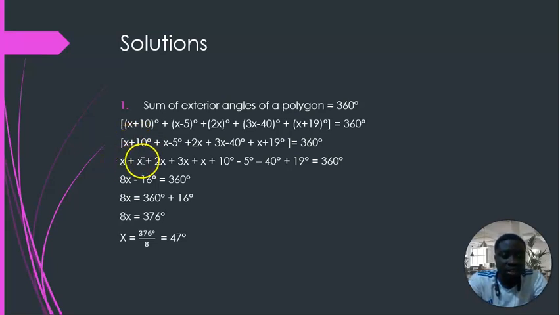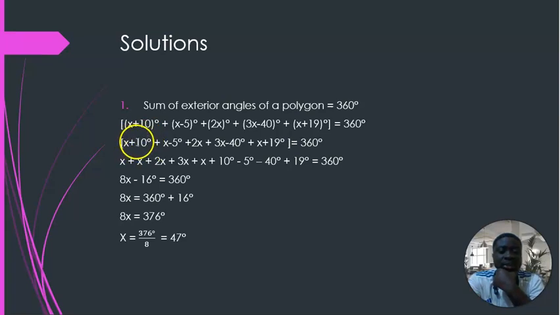So x plus this x plus this x because of the addition sign here, plus this 2x plus this 3x plus this x, plus we come to the angles.